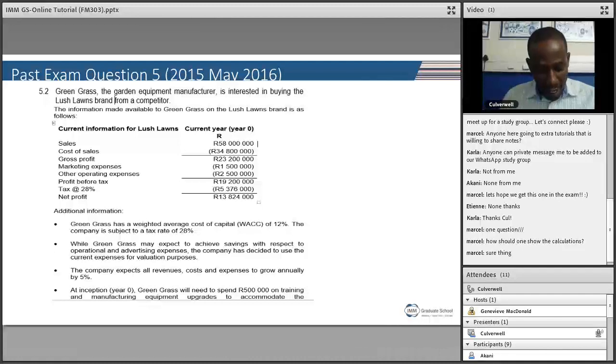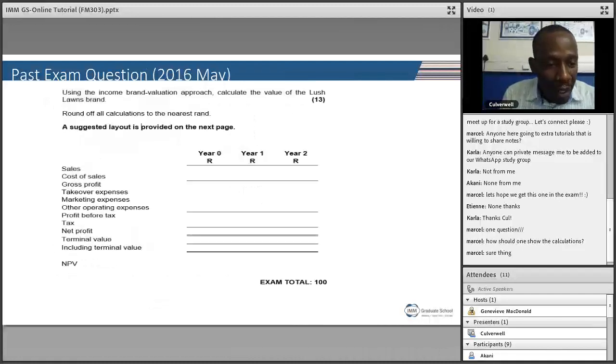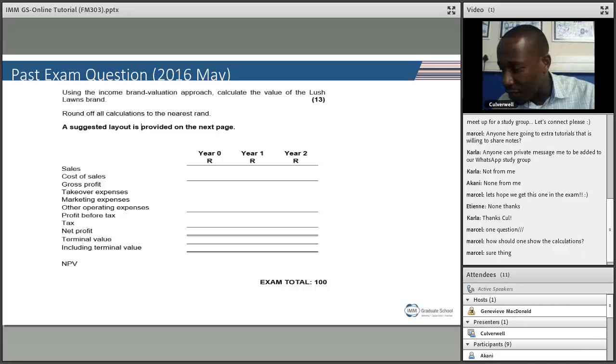From then on, I'll follow my structure here. I have takeover expenses. They are not going to apply in year 1 and year 2. Why? They were a once-off expense incurred at inception. So I can just put dashes, there's nothing there. My marketing expenses, I'll go and escalate them.